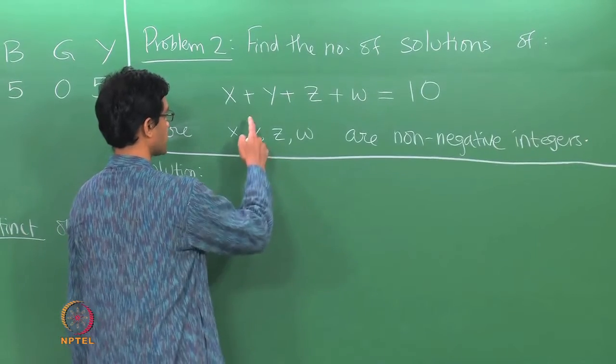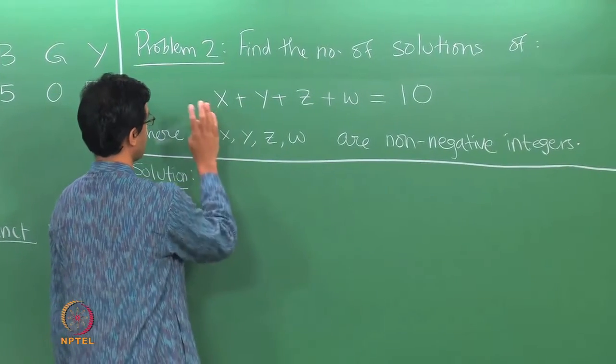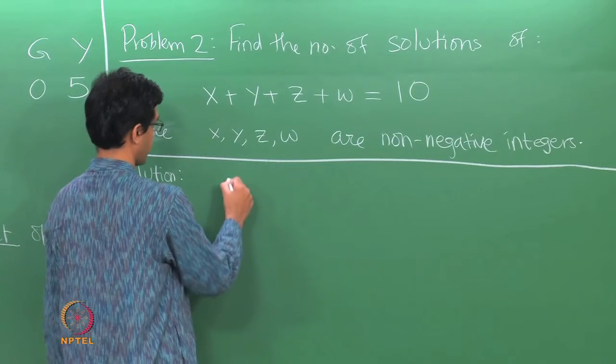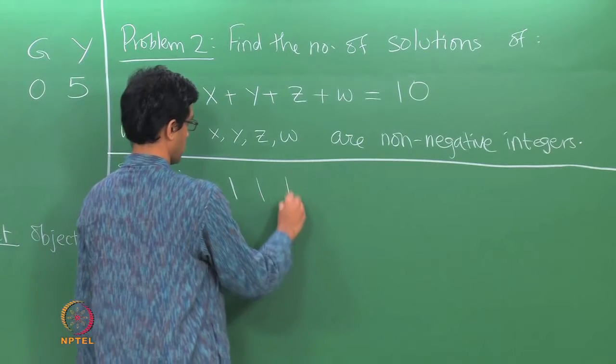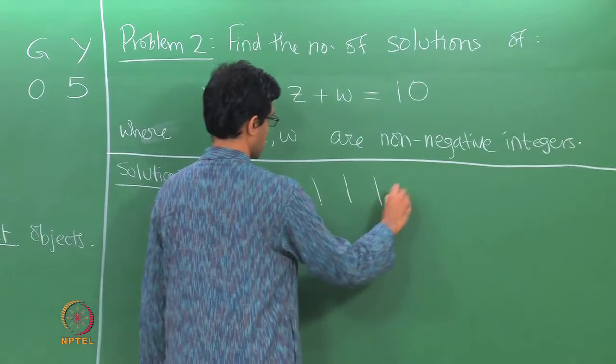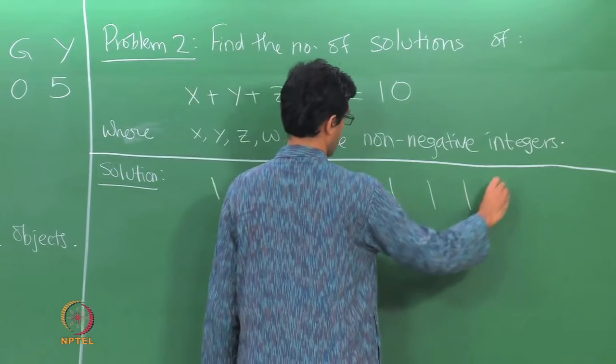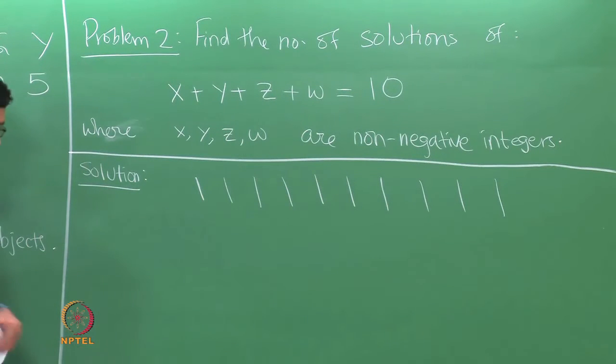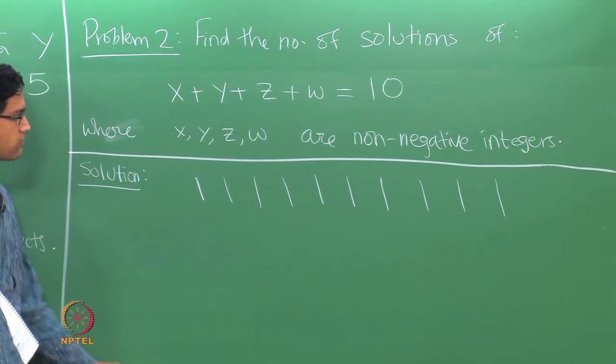Let's think about it in the formulation of problem 2. What we want is the following. Let me write down 1, 1, 1, and so on. There are 10 ones now on the board. Now what we will do is the following.